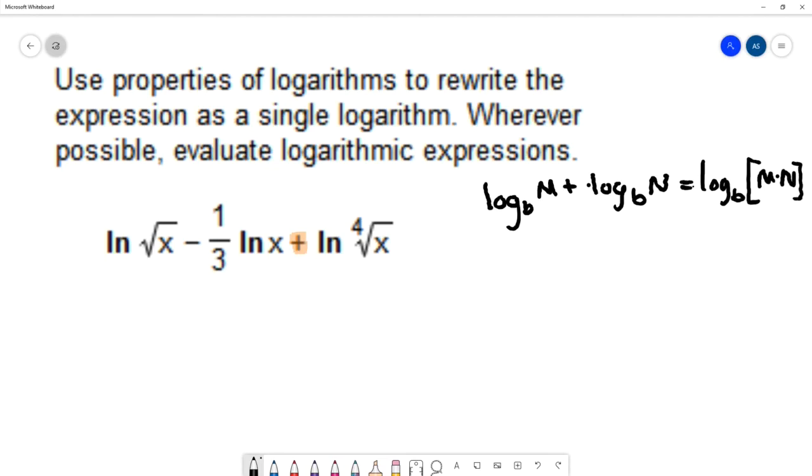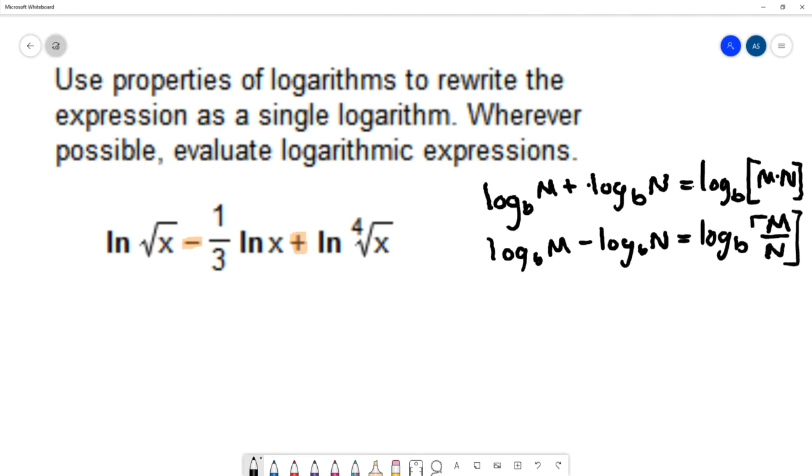And with the quotient rule, we're going to have subtraction instead. Log base b of m minus log base b of n. So you'll notice here we have subtraction. We're going to use the quotient rule there. And inside the log, we get log base b of the quotient, m over n.